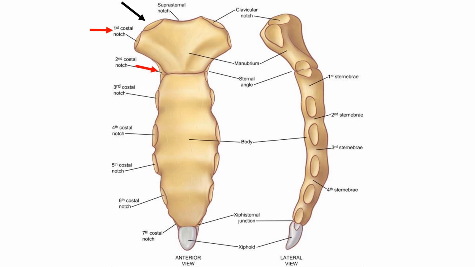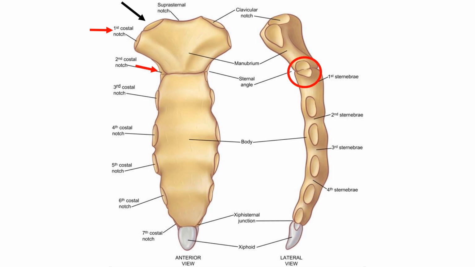Then the second rib is going to articulate with the sternum, one half with the manubrium and one half with the body of the sternum.